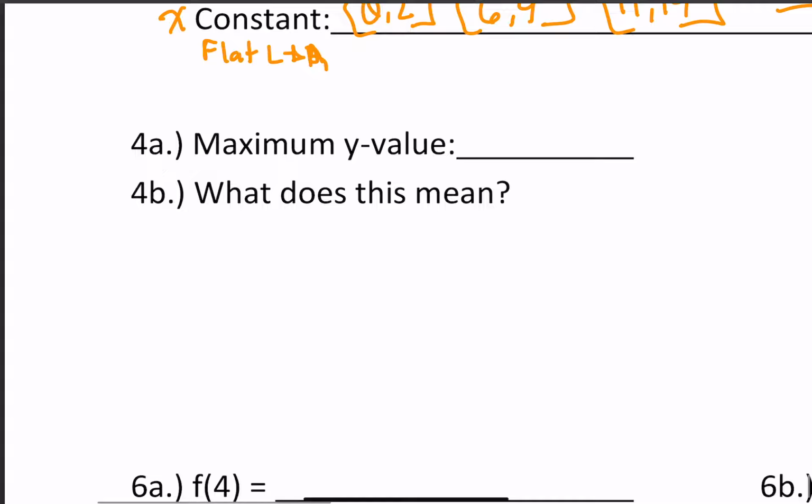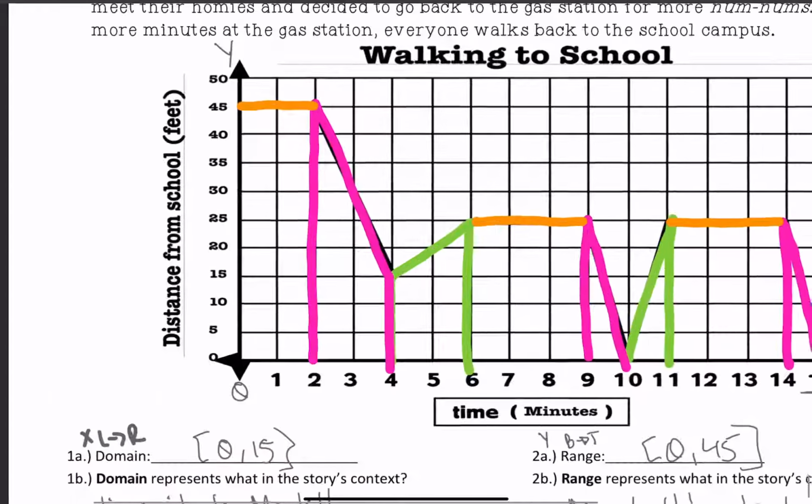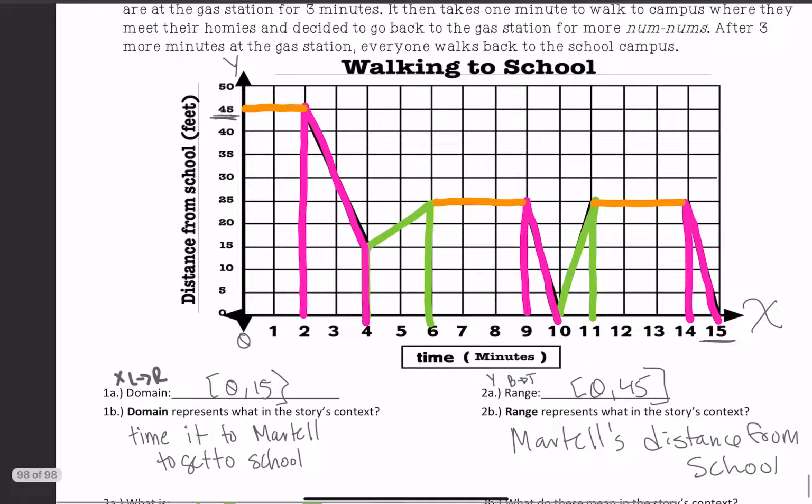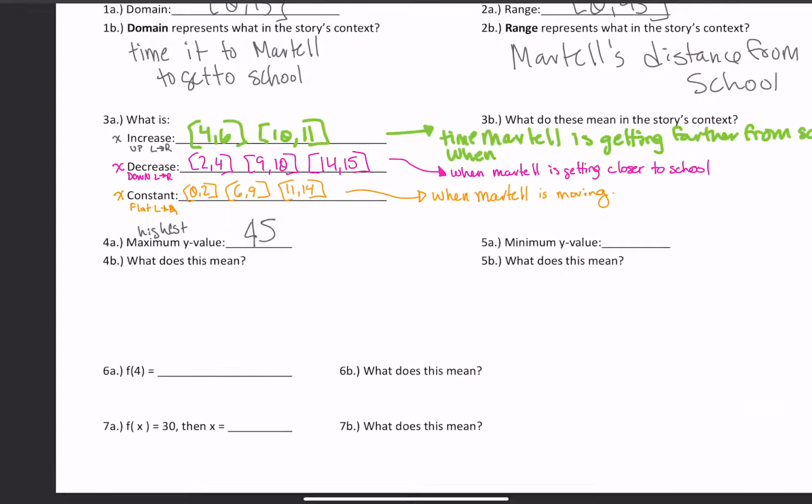Number 4, maximum y value. This is the highest y value, which in our graph is right here at 45. So this maximum of 45 means the furthest Martel gets is 45 feet.